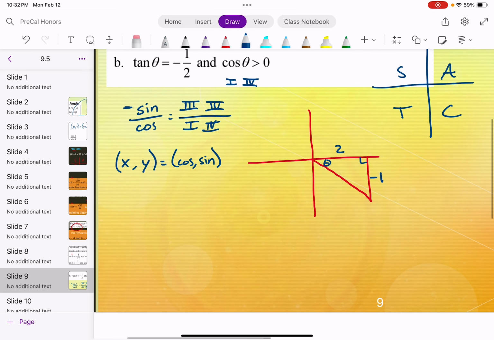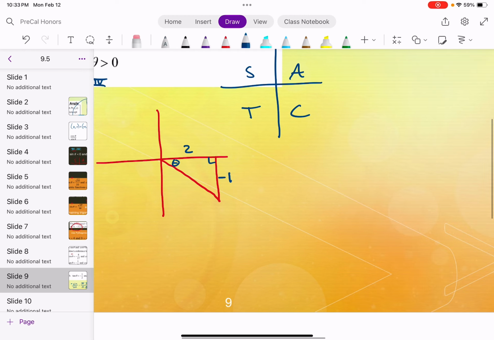We need to go ahead and solve for our radius. Remember, radius is equal to the square root of 2 squared plus -1 squared. So radius is equal to square root of 4 plus 1. Our radius is the square root of 5.